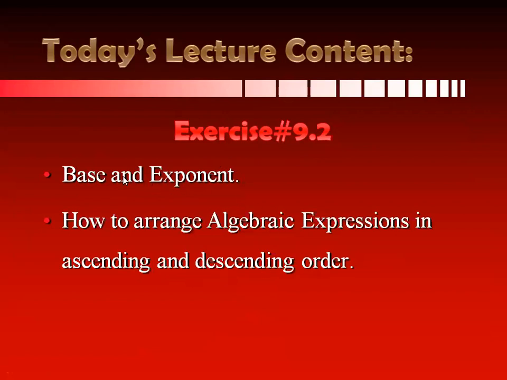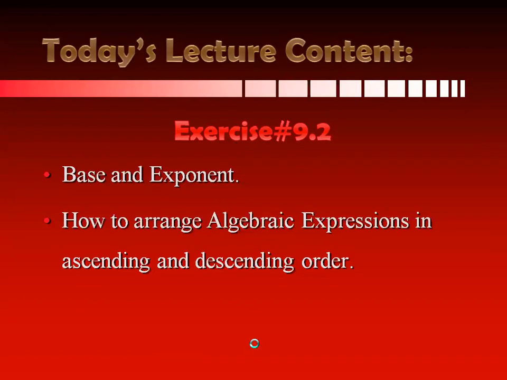I know base and exponent is a little bit of a new topic for you. You know what ascending and descending order are, but what is new here is that you have to arrange the algebraic expression in ascending and descending order. So these are the two topics that belong to exercise number 9.2.